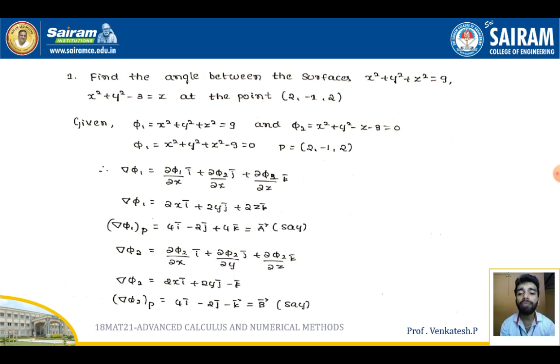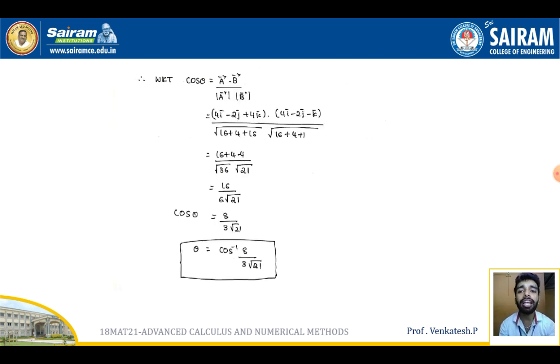Again, I want to evaluate this del pi 2 at the point 2, minus 1, 2. Replacing x is equal to 2, y is equal to minus 1, z is equal to 2 here, I'll be getting 4i minus 2j minus k. I will call this one some vector b. Now I'm going to find the angle. The angle between the two surfaces is given by cos theta is equal to vector a dot vector b divided by modulus of vector a into modulus of vector b.